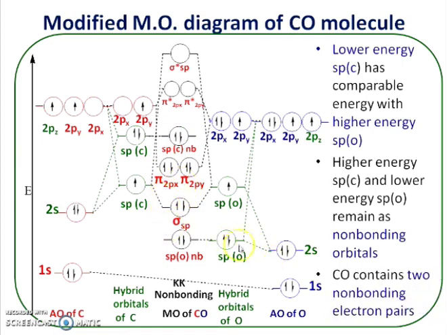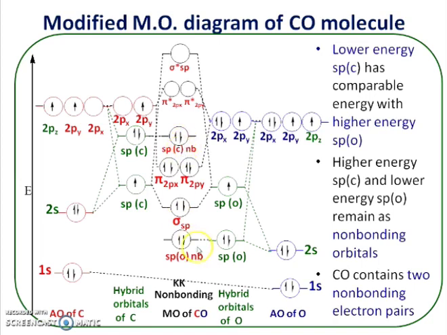And an important thing is, carbon monoxide contains 2 non-bonding electron pairs, and therefore carbon monoxide is able to donate a pair of electrons. It acts as a ligand, and especially it donates the electron pair from the sp hybrid orbital of carbon.